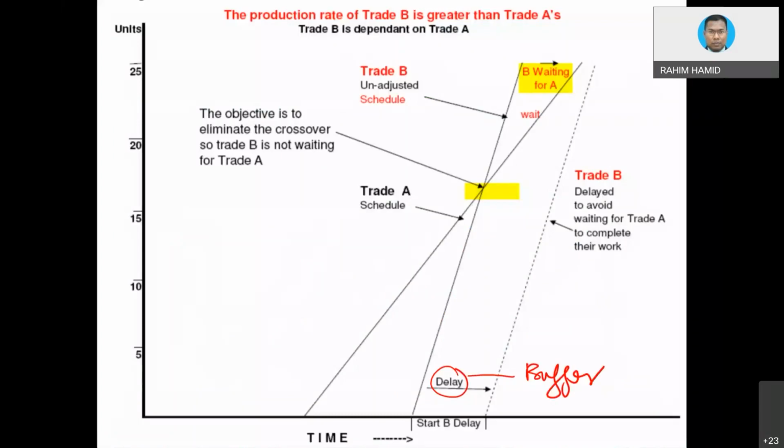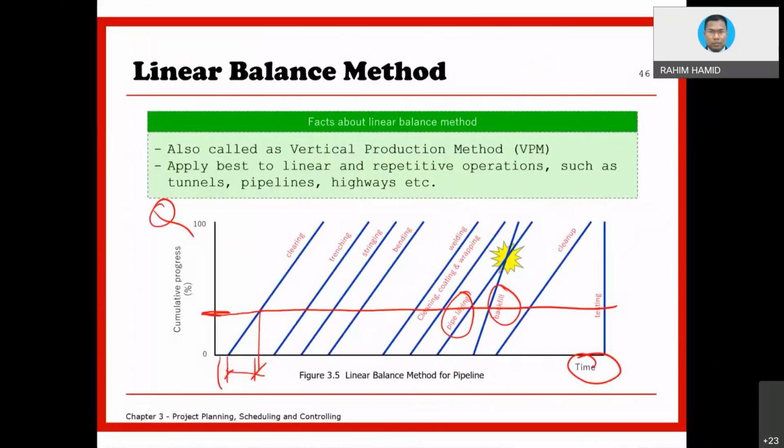So why do we have this graphic representation? Not to say that we are going to replace the Gantt chart. No, we are going to replace the arrow diagram or PDM diagram? No, we are going to stick with line of balance? No, no. Line of balance is normally used in highway, railway, and similar projects. Long time ago, JKR had this kind of thing drawn on a big piece of paper.